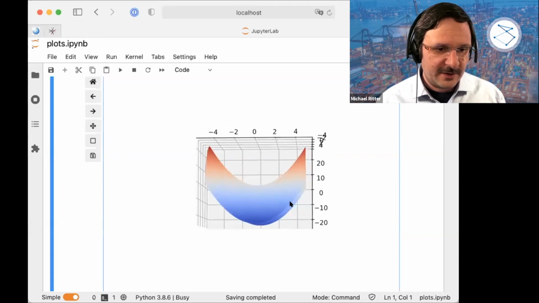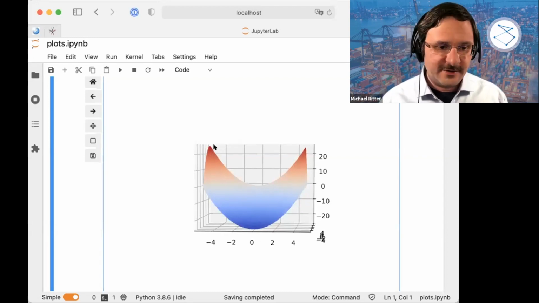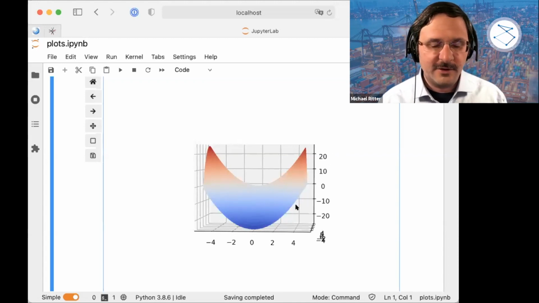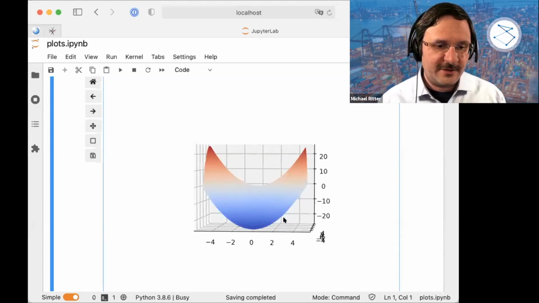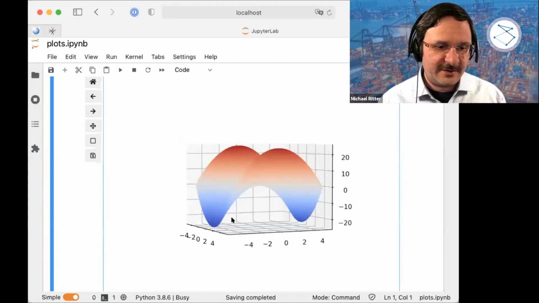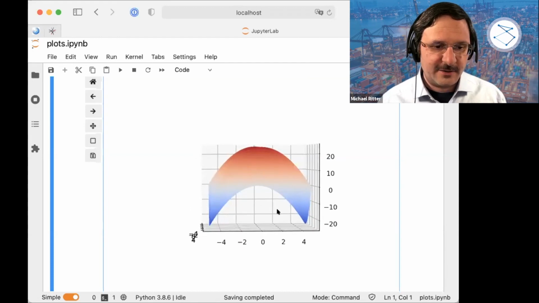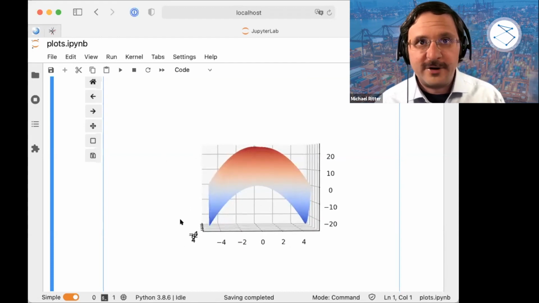So if we look at that basically only along the x1 axis, then you can see this looks like parabolas shifting down. And if we turn that to look at it only along the x2 axis, you can see that again looks like parabolas. Now we're shifting upwards.